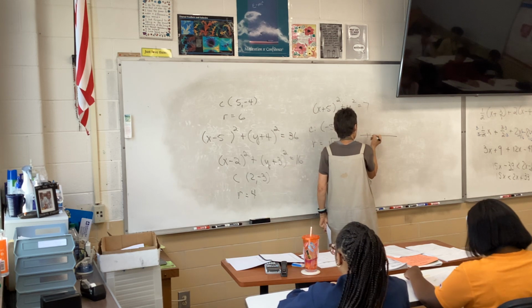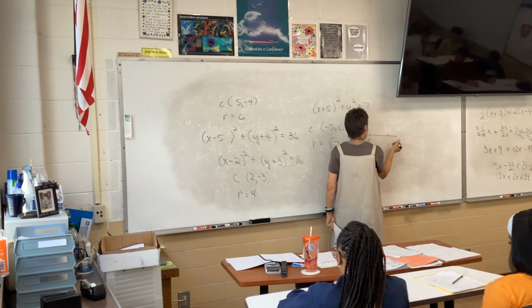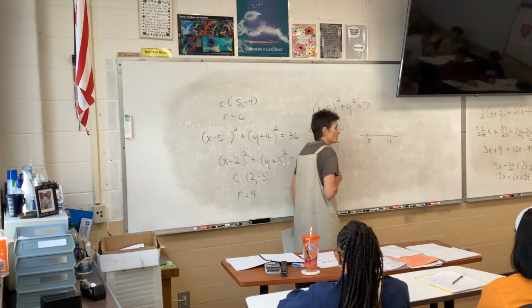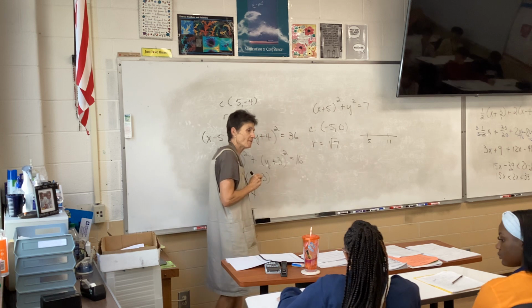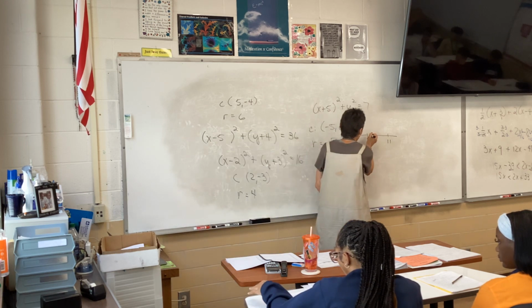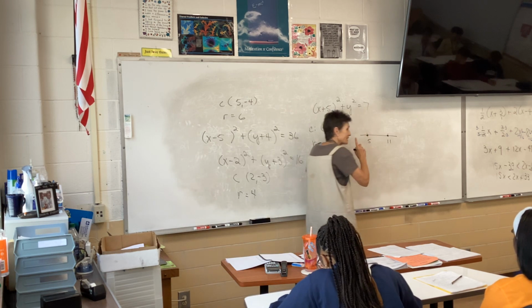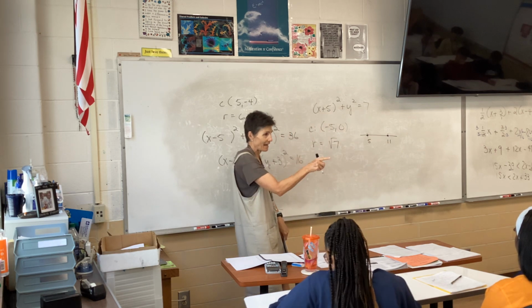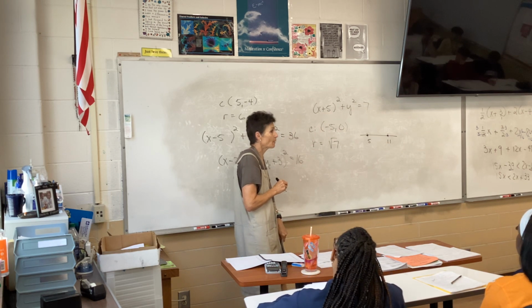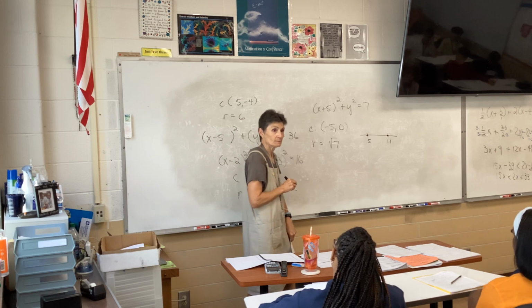And let me just put a 5 here and an 11 here. How would I find the distance from 5 to 11? I want the distance. How would I find that, Allie? Subtract. I would subtract, right?